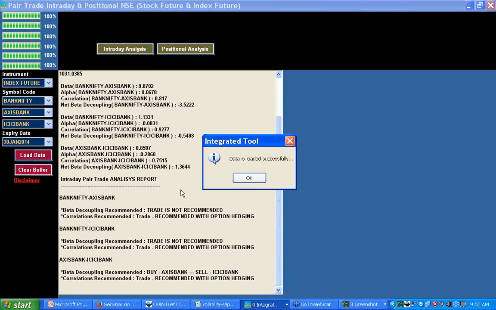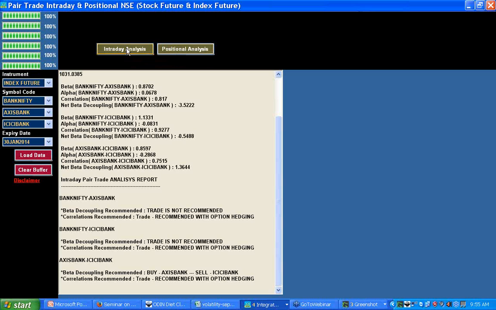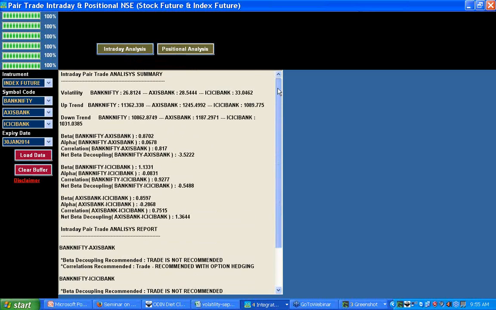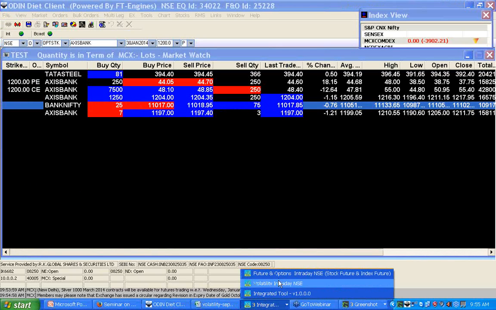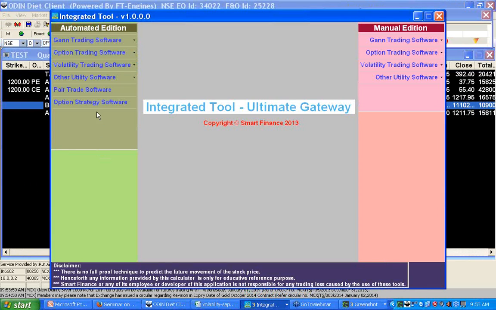Let me load the data now, because the time I have loaded, this has changed. Rather, let me close this application and open it again.